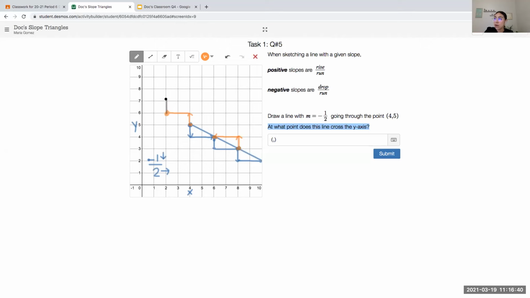If I go up 1, 2 to the left, I get another point here. See, all we did was do the complete opposite of our original slope, but we still have the exact same triangles, and I can connect all of these and make it longer this time around.